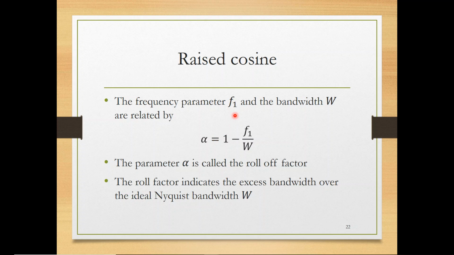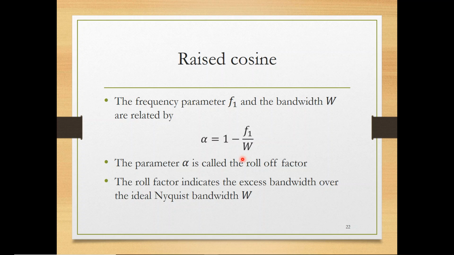The frequency parameter F1 and the bandwidth W are related by the following formula. We define a new variable, we call it alpha. Alpha is equal to 1 minus F1 over W. The parameter alpha is called the roll-off factor. I will ask about this in the exam, and you will find many people in the papers talking about this. When you hear roll-off factor, then it's alpha.